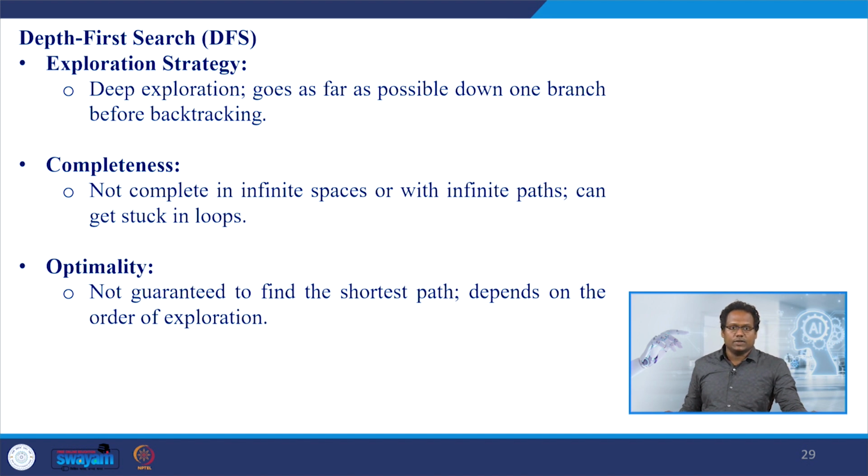When we see the completeness of this algorithm, it is not complete in infinite spaces or with infinite paths, and can get stuck in loops. Now, coming to the optimality metric, this algorithm will not guarantee to find the shortest path, and it depends on the order of exploration.